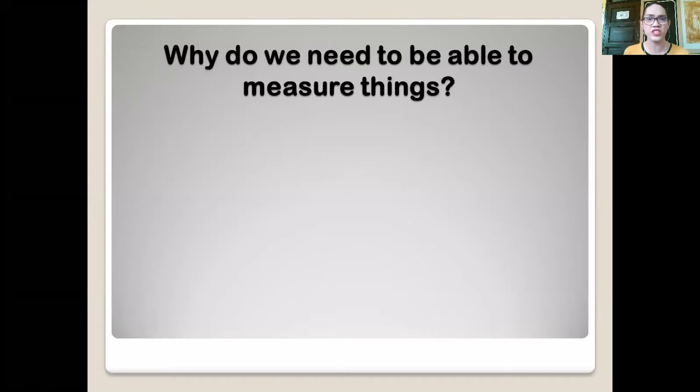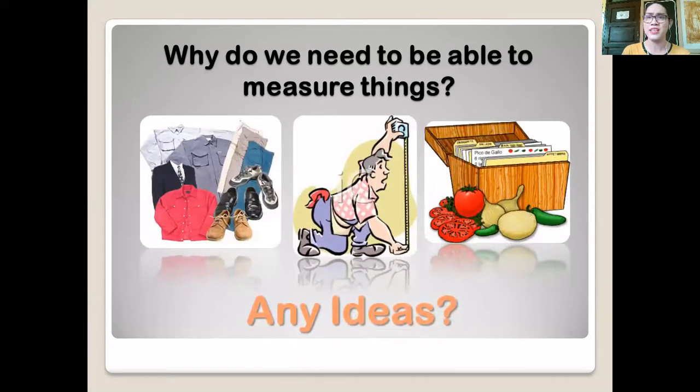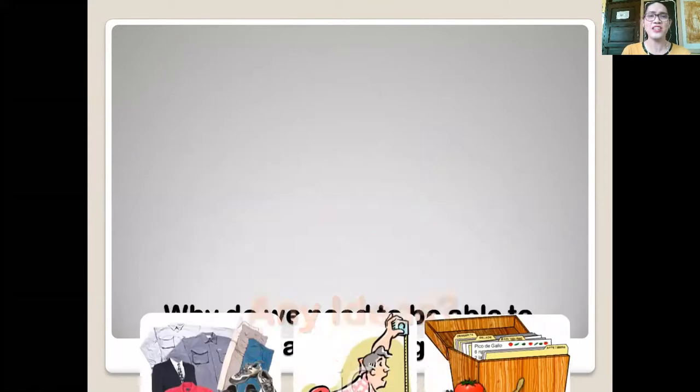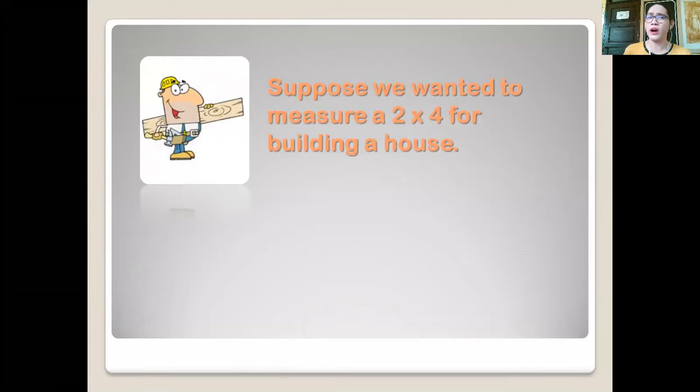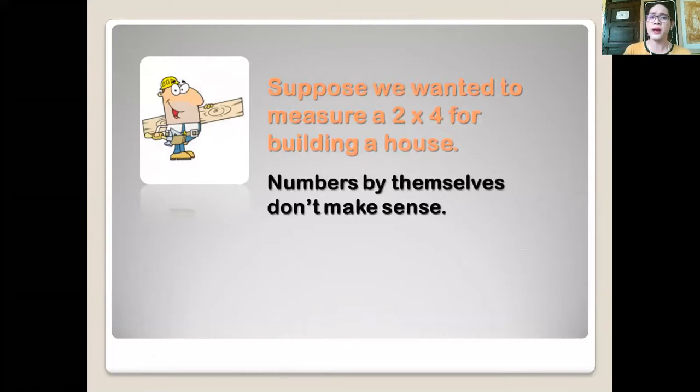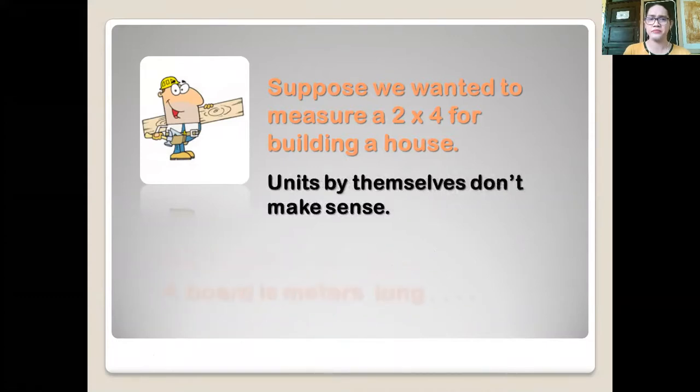Let's pause for a moment and reflect on this question. Why do we need to be able to measure things? What do you think? Suppose we wanted to measure a 2 by 4 for building a house. Numbers by themselves don't make sense. Say a board is 350 long.